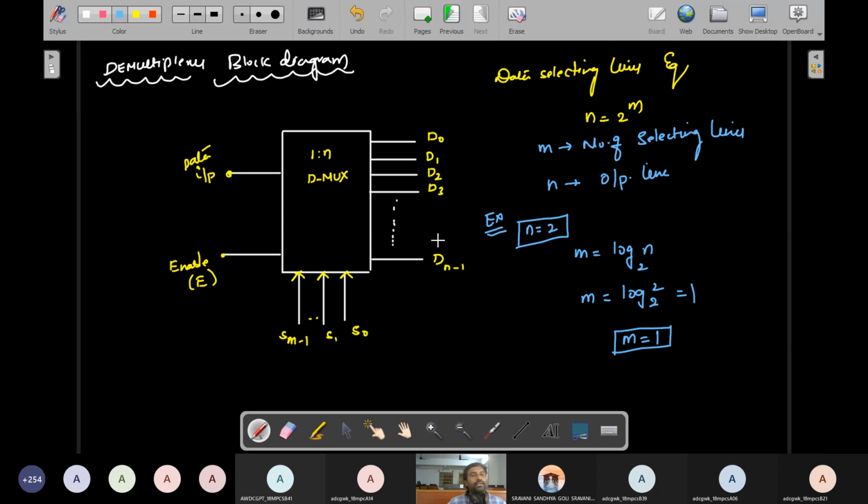So this is the block diagram of the multiplexer.